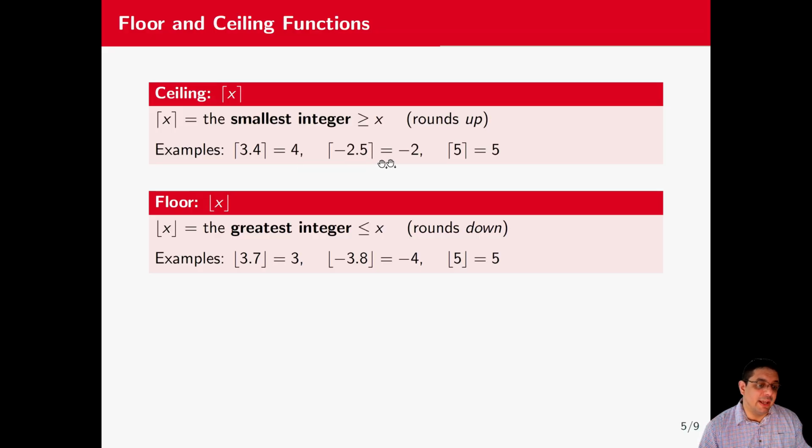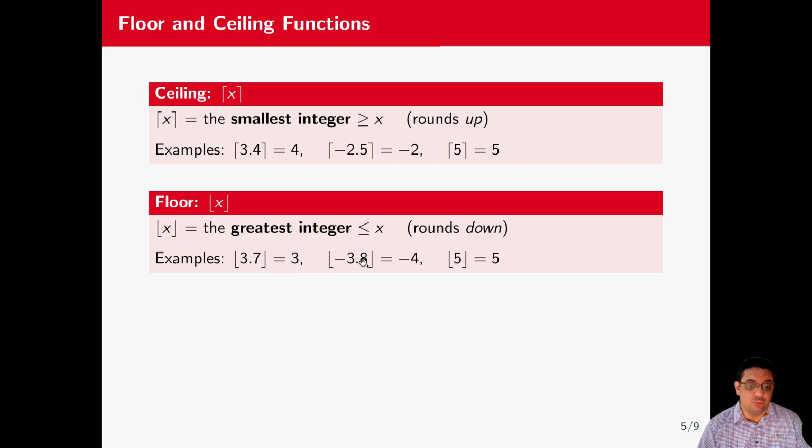Now, similarly, we can have the floor. The floor does the opposite, and it takes the greatest integer that is less than x. So this is going to round down. For example, if we have 3.7, the floor of that is going to be 3.